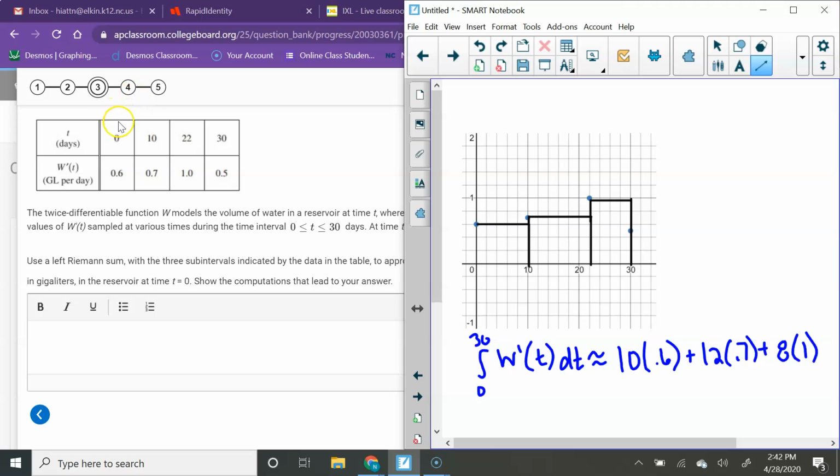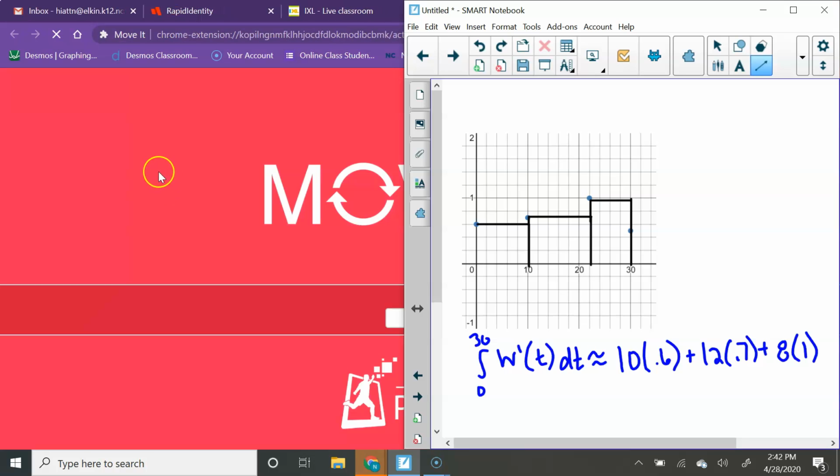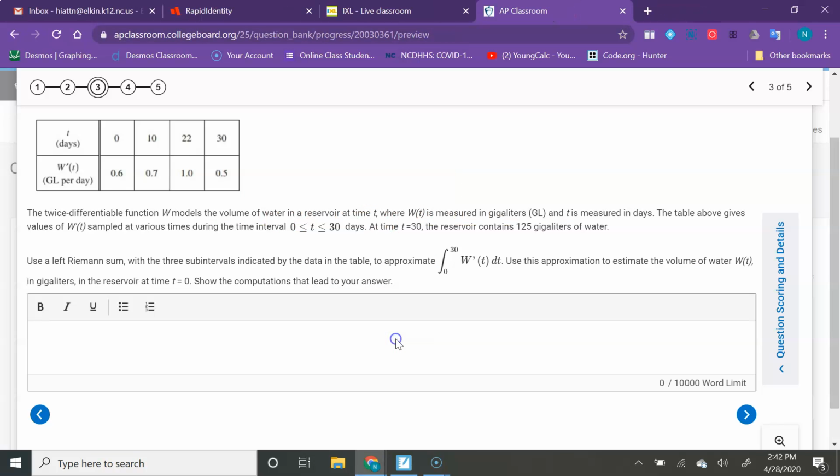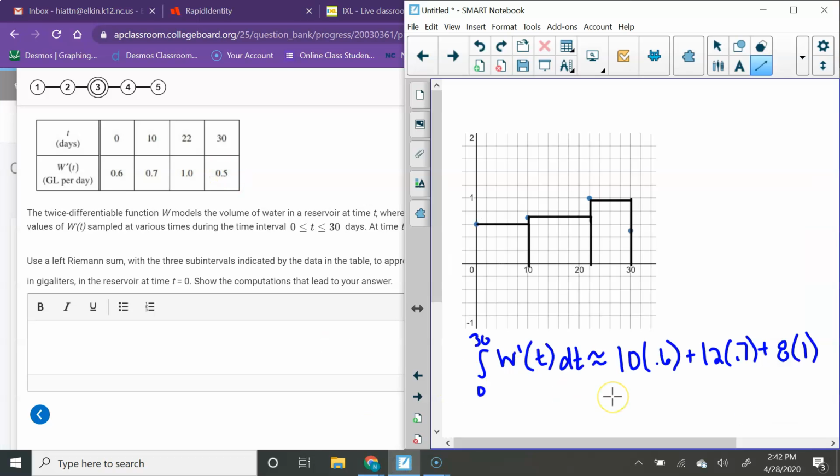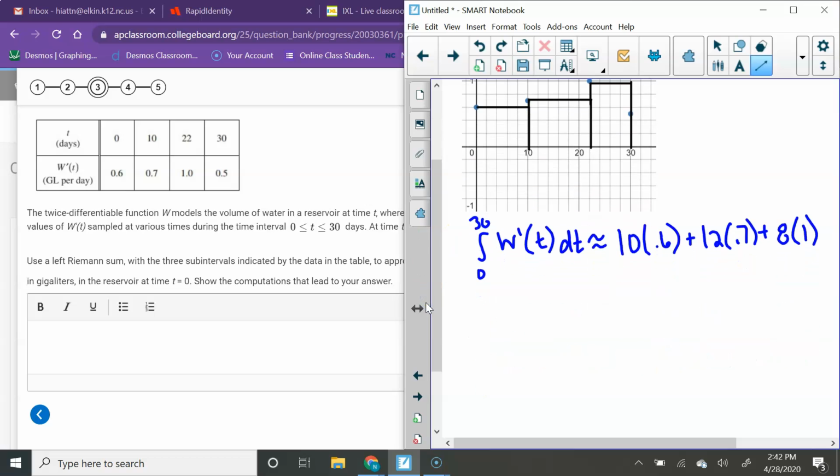So we were looking at the differences here between how much we increased, and we're always using the left endpoints. We do not use the 0.5 there at all. Okay, and so whenever you do this, you are going to get that is 22.4.